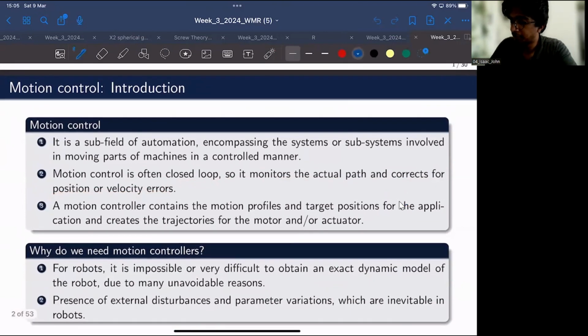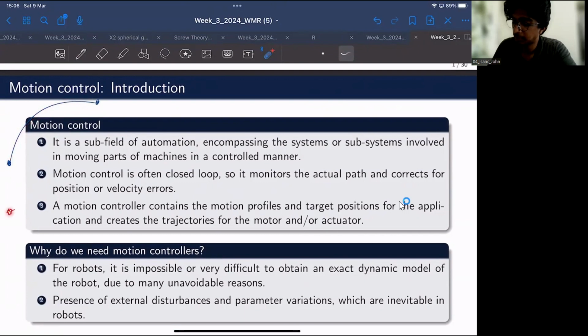For example, if the robot start position is over here and the robot goal position is over here, we want the robot to track this particular trajectory. This is our desired start position and desired goal position, and our mobile robot is actually starting somewhere else, maybe here. Motion control ensures that the mobile robot tracks this entire trajectory.